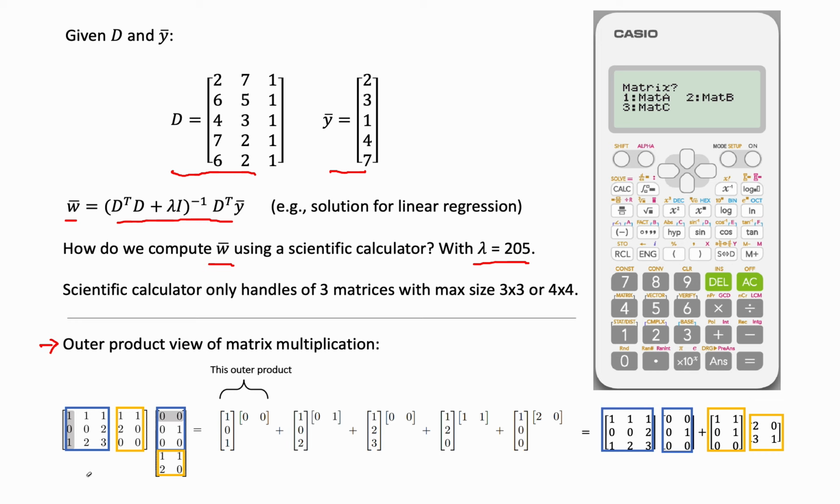The original expressions cannot be keyed in to the scientific calculators directly, but the new expression allows us to key in all the values. We will be able to compute the expression with the help of scientific calculators, because the size of the new expression does not go beyond a matrix of size 3 by 3, or 4 by 4.